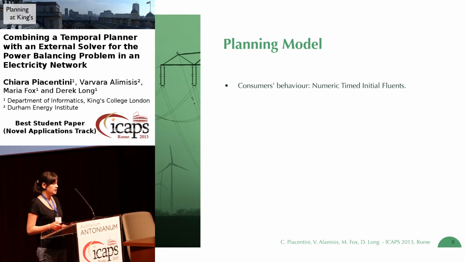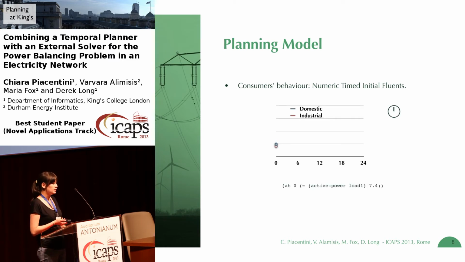As I said before, we need to maintain the balance of the network for a given period of time, in which the load behavior varies. So this can be modeled in PDDL with numeric timed initial fluents.